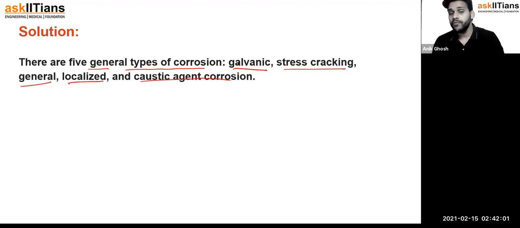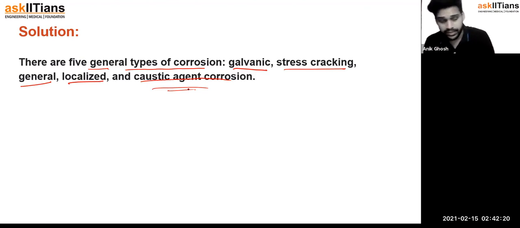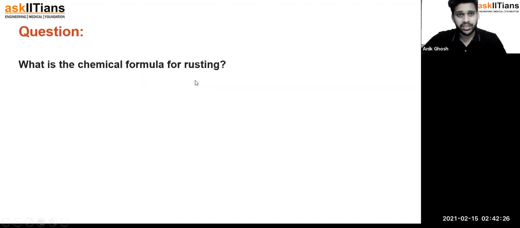Caustic agent corrosion is the corrosion forming via the presence of alkalis. You don't need to learn about the other types in detail. This is something frequently asked, for that reason we are just teaching it to you. So I think that was the first FAQ question.